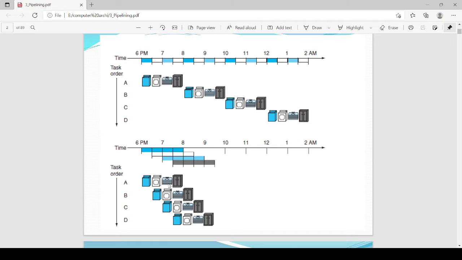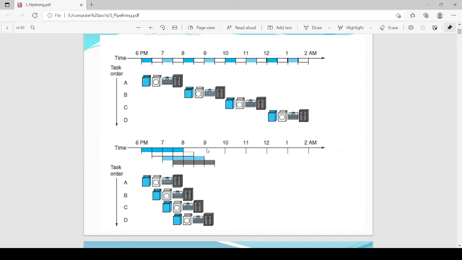In the third cycle, the first student is folding, the second student can use the dryer for drying the clothes, and the third student can use the washing machine. By doing this, we can complete this work by 10 a.m. So by overlapping the process, we can reduce the time. This is the concept of pipelining.